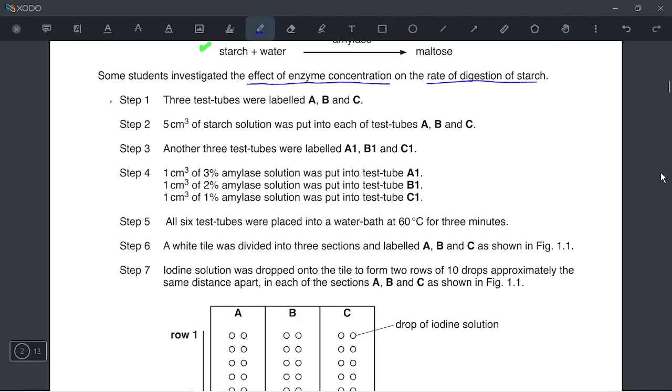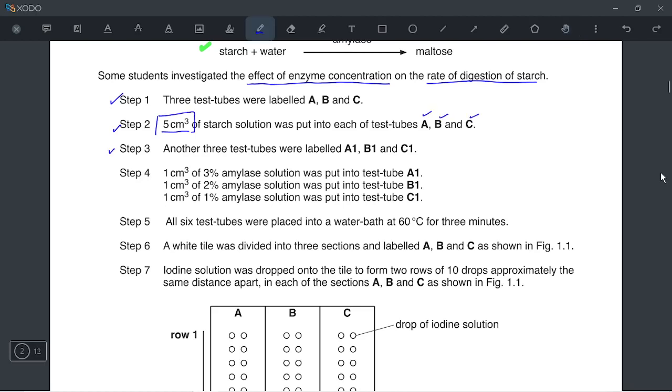Step 1. 3 test tubes were labeled A, B, C. Step 2. 5 cubic centimeters of starch solution was put into each of the test tubes A, B and C.